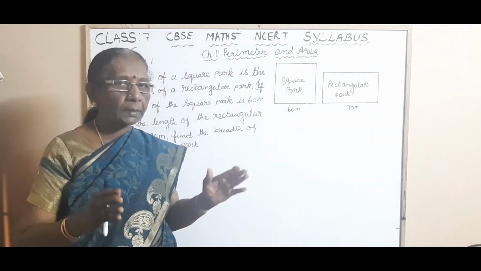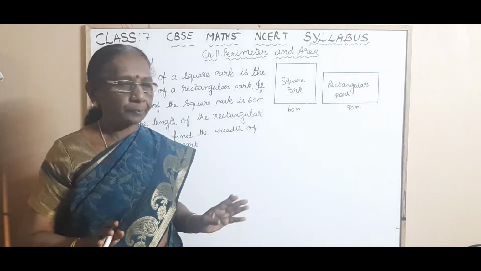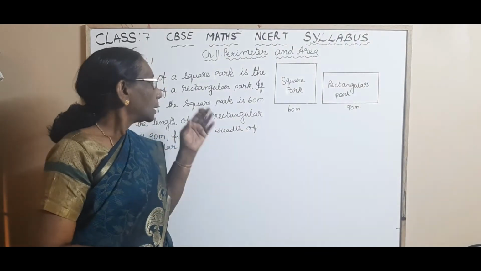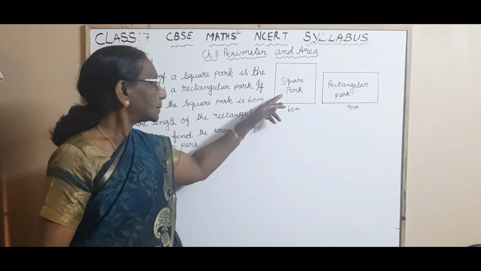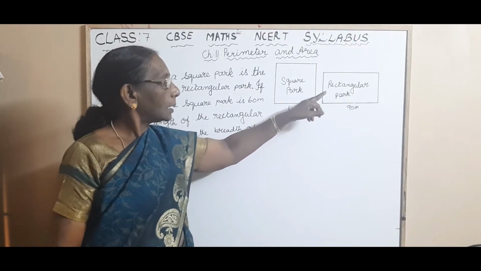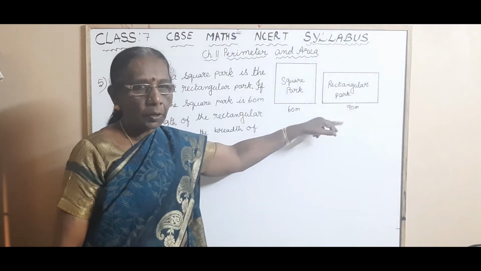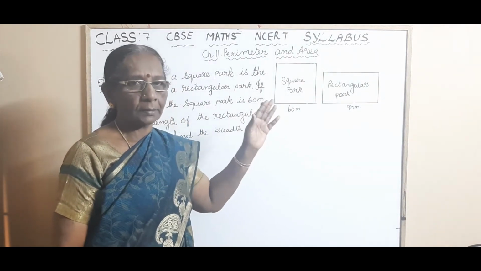When we compare the area of the two parks, they are the same. And it is also given the side of the square park is 60 meter and the length of the rectangular park is 90 meter. Using these three informations.